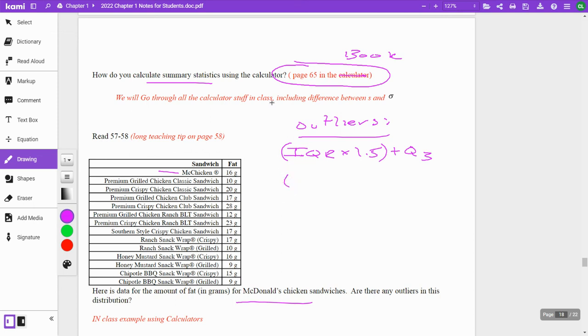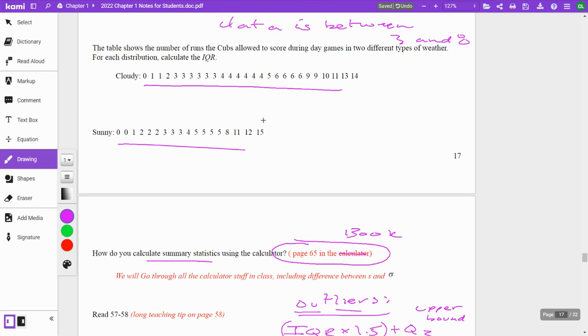And then your IQR times 1.5, and you're going to subtract that from Q1. And so this will be your lower boundary, and this will be your upper bound. And then an outlier is anything outside. So outlier means it's outside of the boundaries, okay? And I'll do this one in class with you guys, but that's the idea.